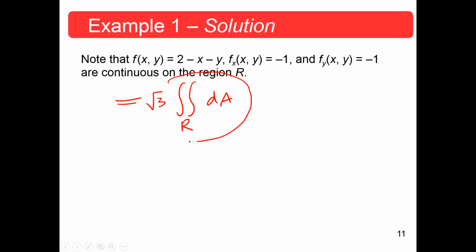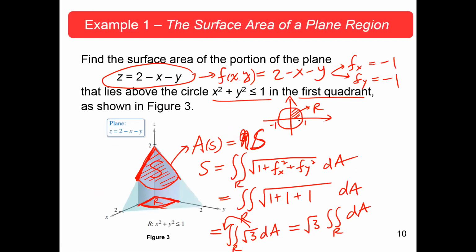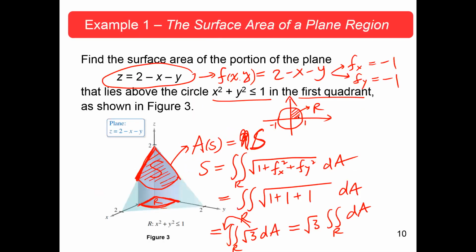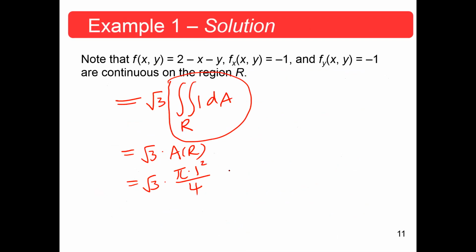All right, this item comes up again, the one we just talked about. With the integrand being 1, this is just the area of region R. Region R happens to be a quarter of the circle, so its area should be pretty easy to compute: a quarter of the total area of the circle, pi times radius 1 squared.